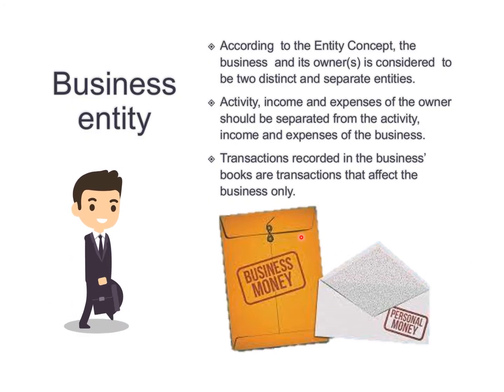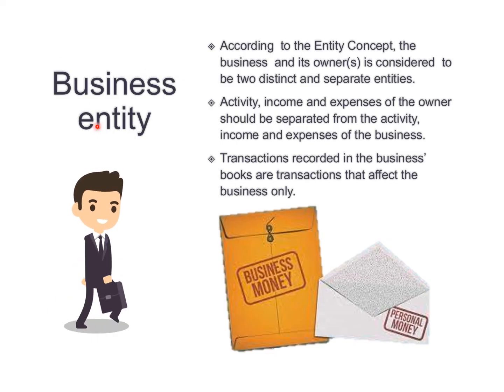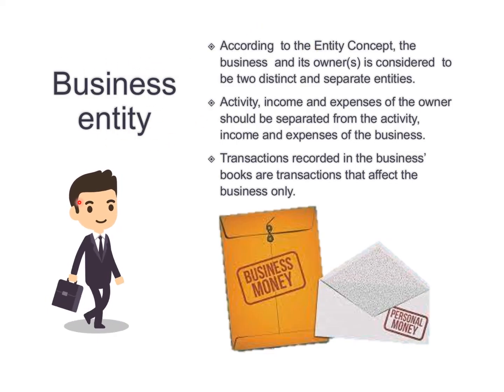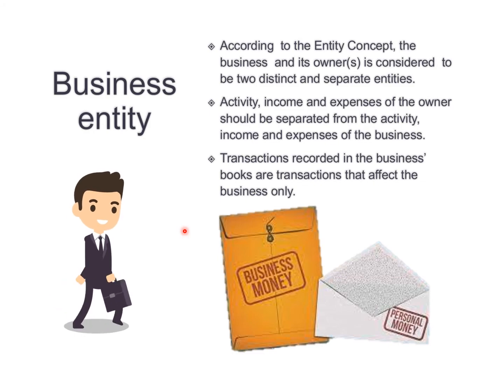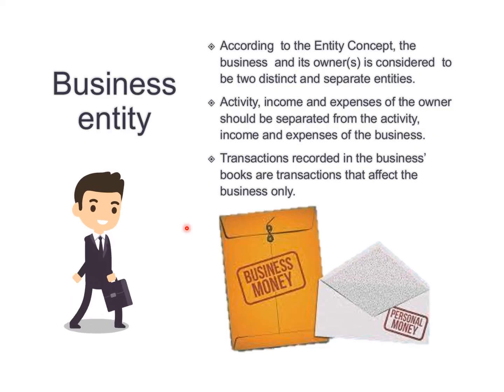Duit perniagaan digunakan untuk personal expenses. So what will happen? Dia dah violate this business entity ataupun entity concept. Okay. So kalau you tak faham, kita boleh clarify balik dalam lecture. You can always ask.